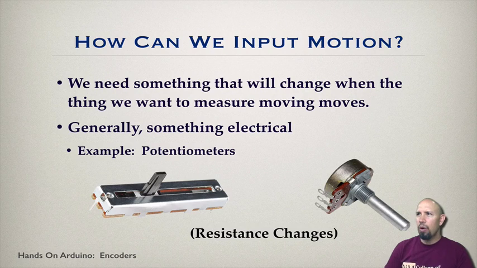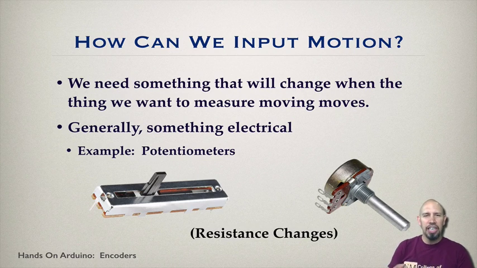Okay, so how do we input motion into a computer? Basically, how do we get a physical position, whether it be linear or rotational, into a computer? Well, basically, we need something that will change when the thing we want to measure moves.